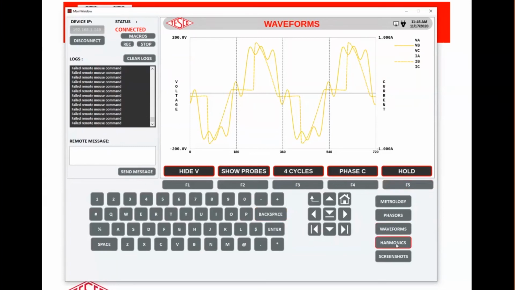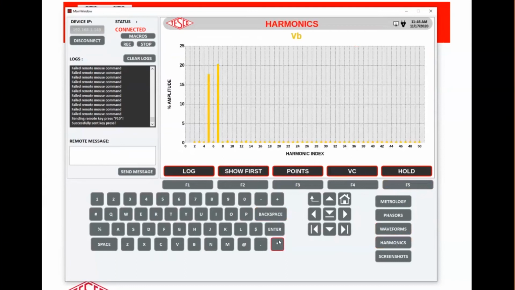Now, I can look at the harmonic measurements of those. Okay, so the harmonics for the voltage really only have a couple of components, but one of those is the fifth, which is one of those negative sequence harmonics.